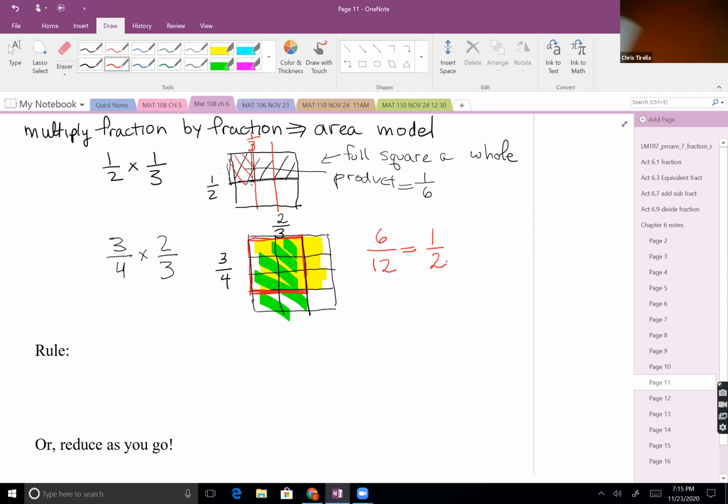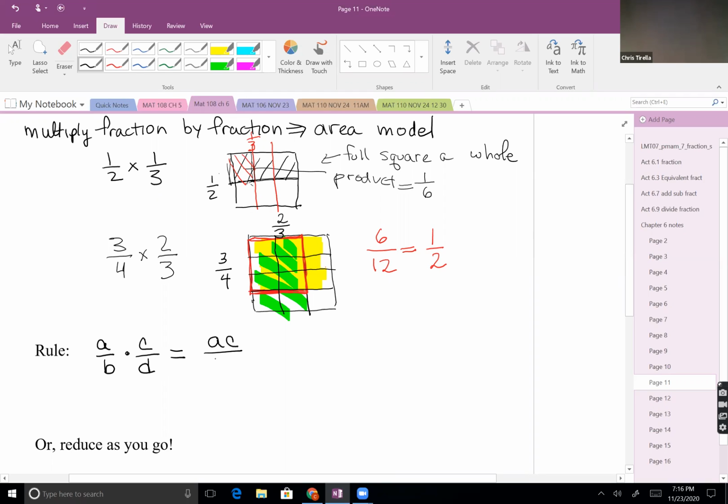And do you see how dividing one fraction on one side of the square and the other fraction on the other side, and looking for the product as being the area of the overlapping regions, can lead to this idea of how we multiply fractions? Or that rule for multiplying fractions would be if I have A over B times C over D, I'm going to multiply across.